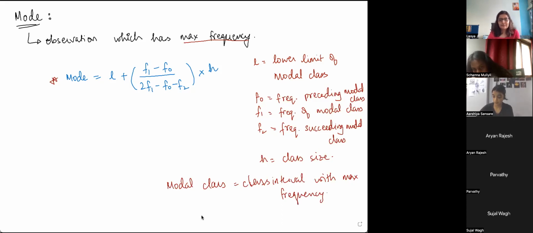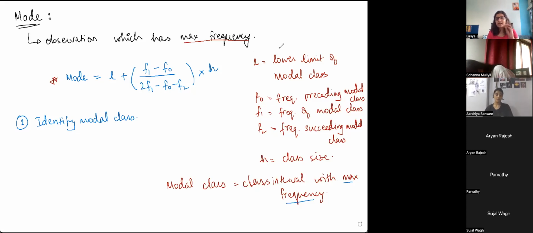Okay. So whenever you have to calculate the mode, follow these steps. So the first thing, table mein identify the modal class. So highlight it. How do you identify? Jiska bhi frequency is maximum, that will be your modal class. So once you get the modal class, you'll get all of these values. Uska lower limit kya hai, you can figure it out.